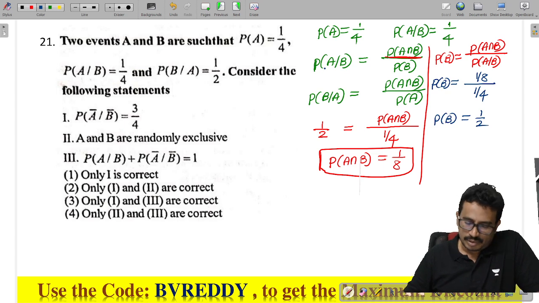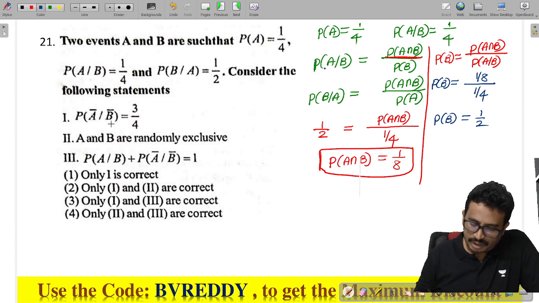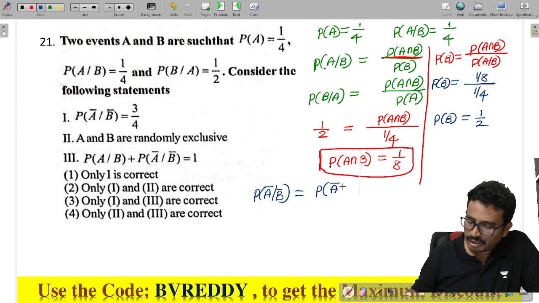Now P of A bar given B bar is given, so let us try to get this. P of A bar given B bar is P of A bar intersection B bar by P of B bar.